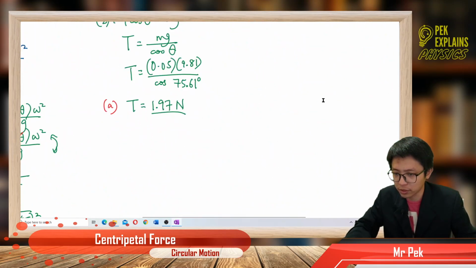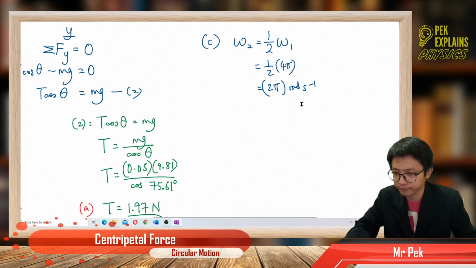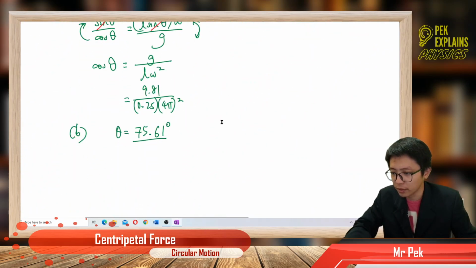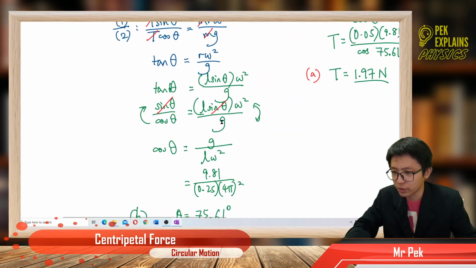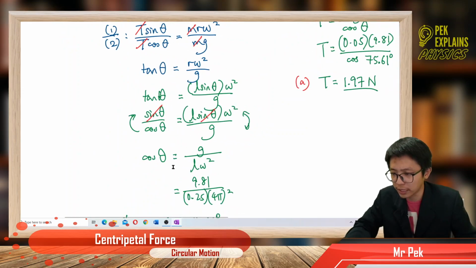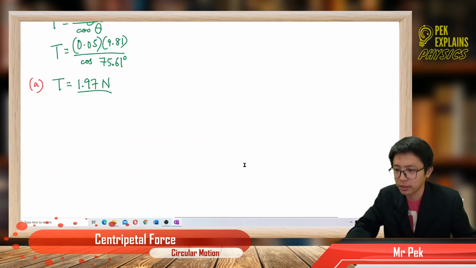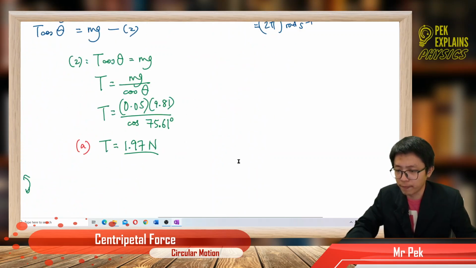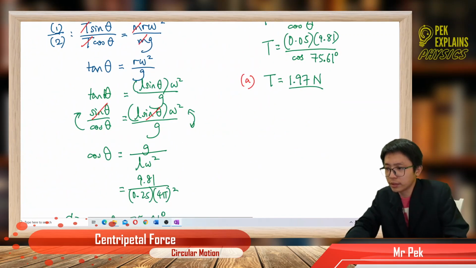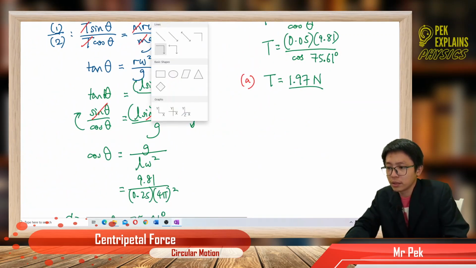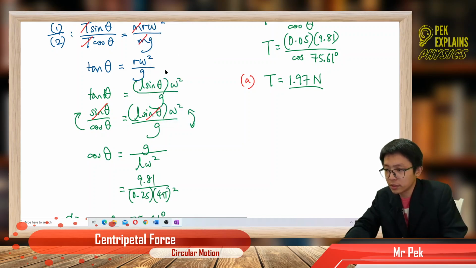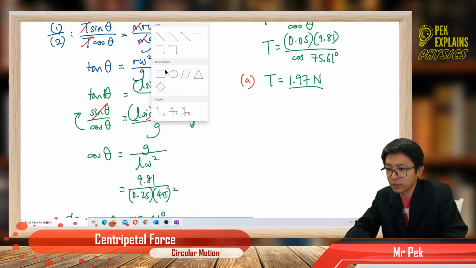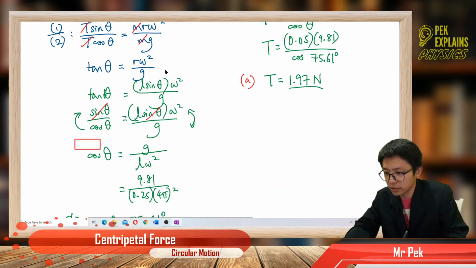So see what equation we have with omega first. What equation can we use? We can use this one: cos theta equal to g over L omega square. Right? That's our equation, we can use this equation.